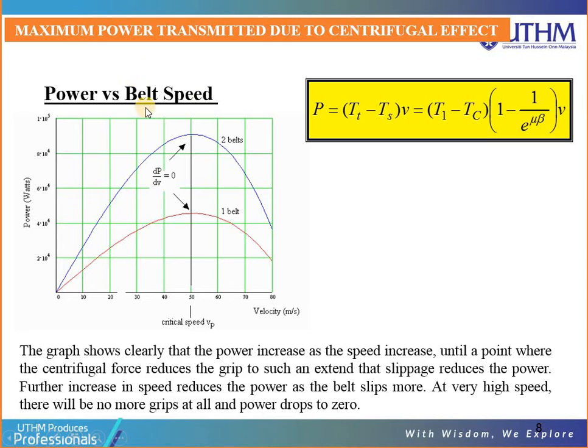But we need to discuss the belt speed. There is a critical belt speed that needs to be discussed here, since when it comes to the peak and reaches the critical speed of the belt, you can see that the power will decrease. The power produced by the belt will decrease because the pulley and belt slip.